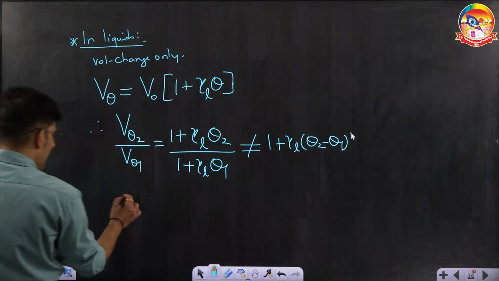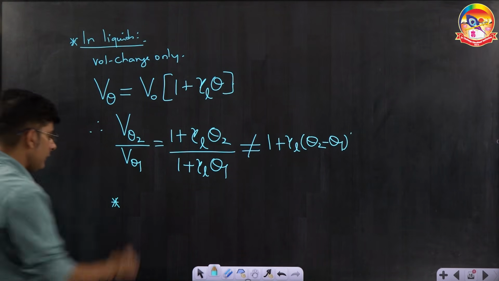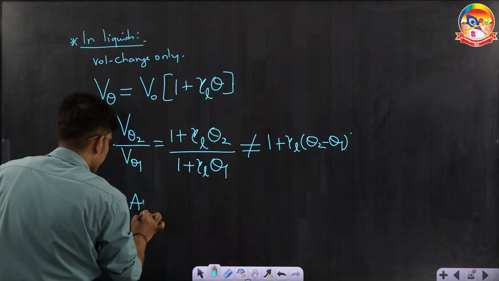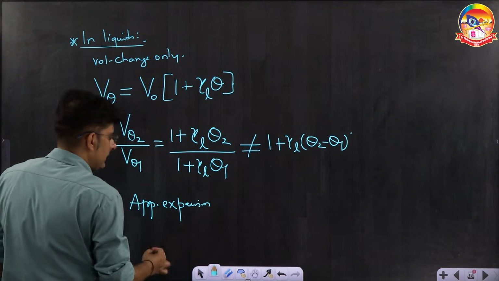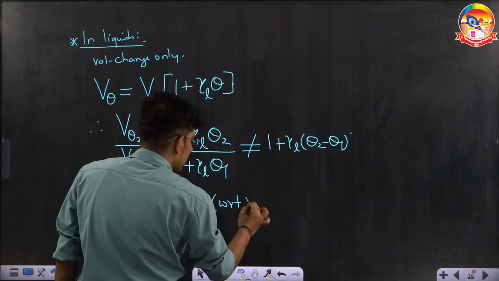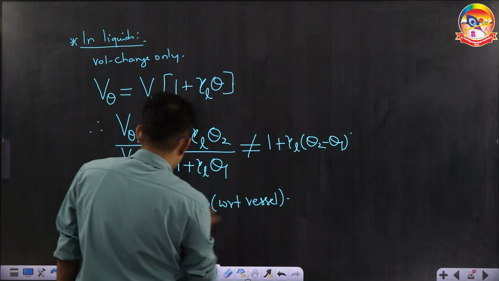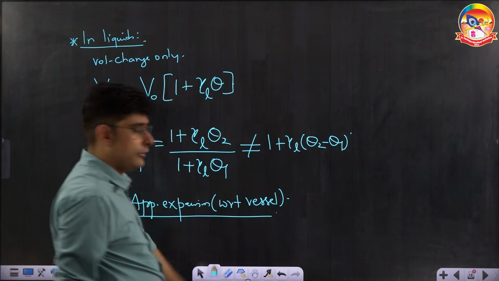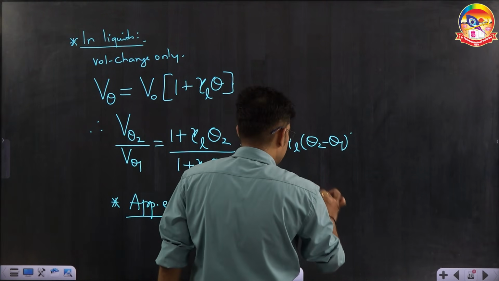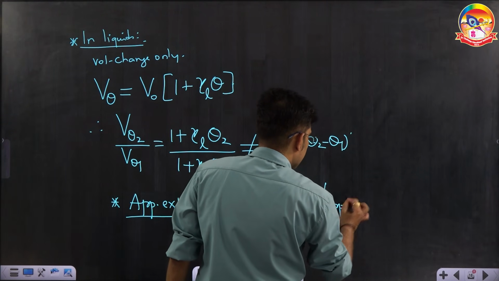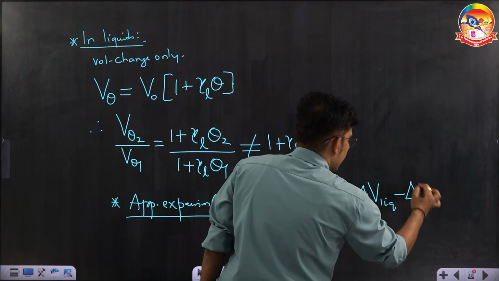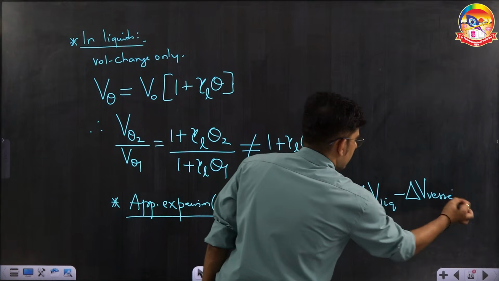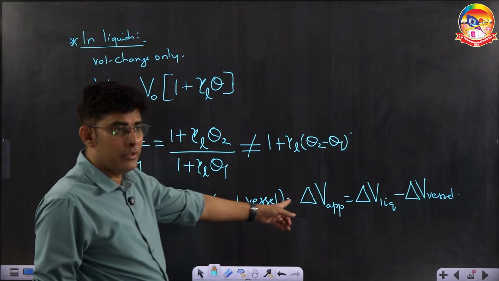Clear? Now here one important case, we have apparent expansion. When we have apparent expansion, it means with respect to the vessel. So when a liquid is expanding with respect to the vessel, apparent expansion we denote as delta V apparent, which is nothing but expansion of the liquid minus expansion of the vessel. We write like this. Now how do we write this?